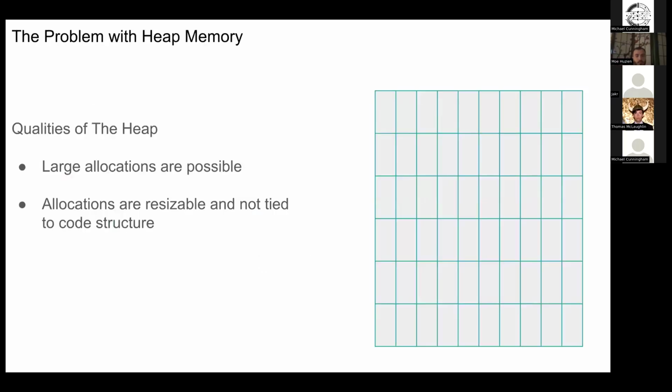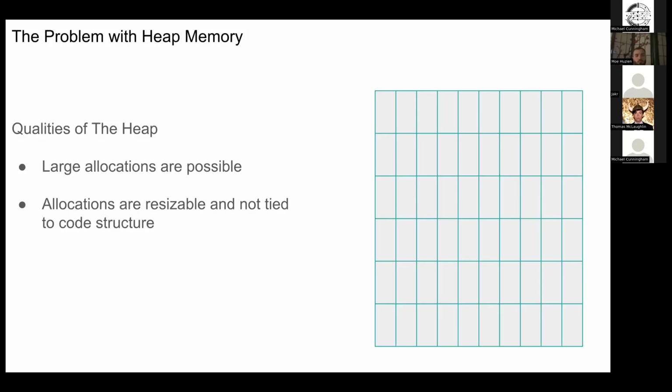Okay, so that's everything about the heap. If we think about the qualities of the heap, which makes it different from the stack, is that we have a huge amount of memory, theoretically possible. You can use up as much of your physical RAM as you want.